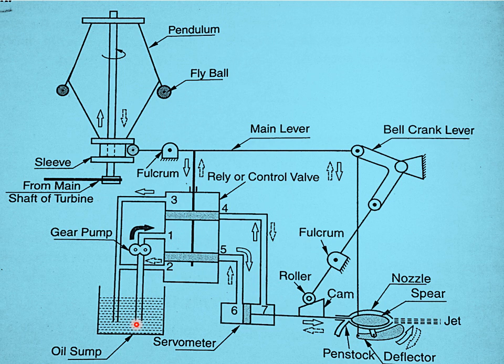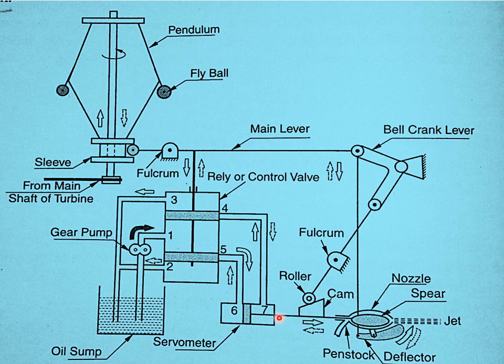So now the gear pump sucks the oil from the oil sump and it moves from port 1 to port 4 and hits the piston at this portion, and it moves the piston in the backward direction, and oil from here moves through port 5 then port 2 again to the oil sump.